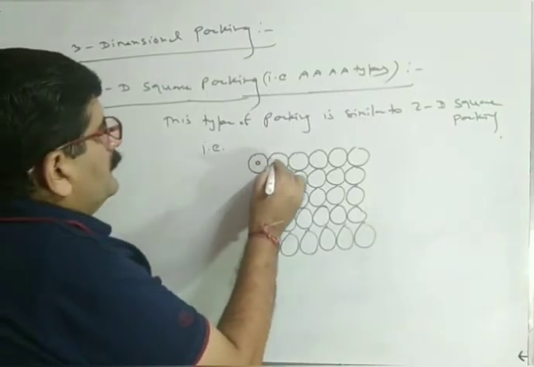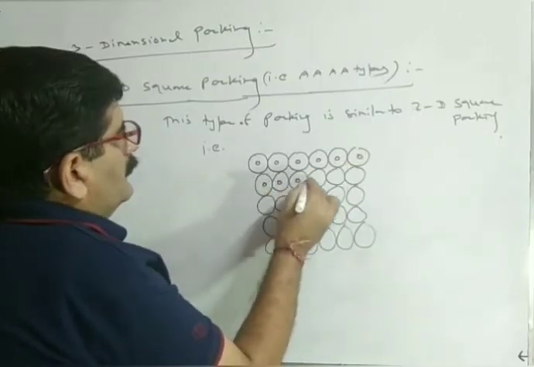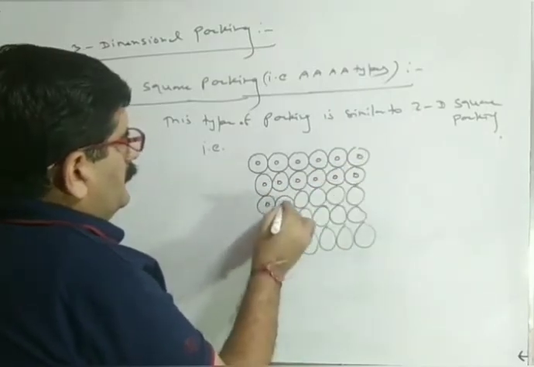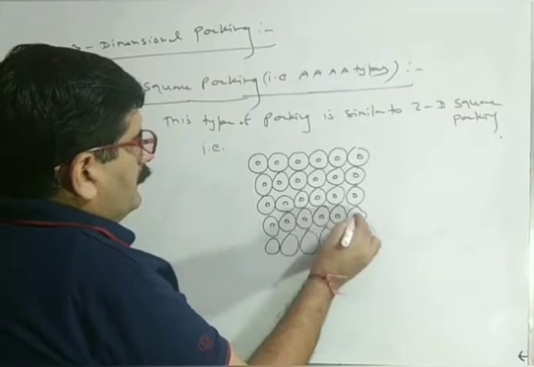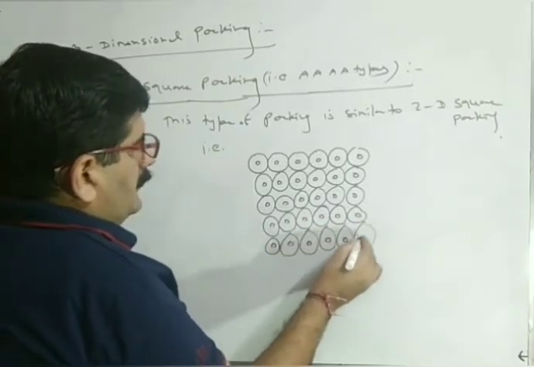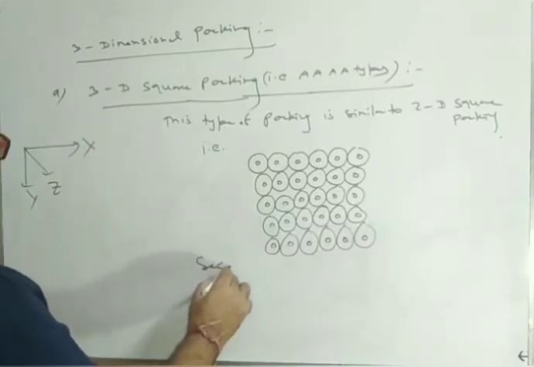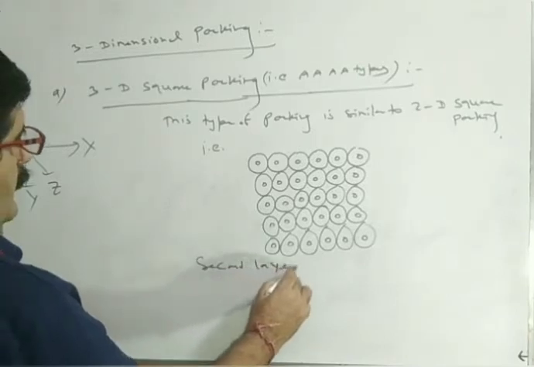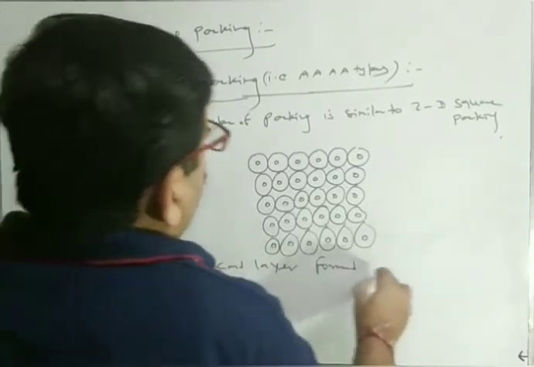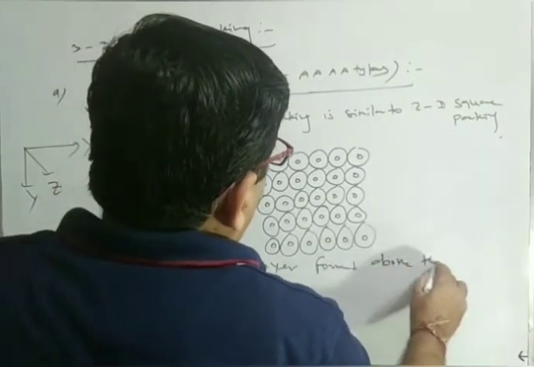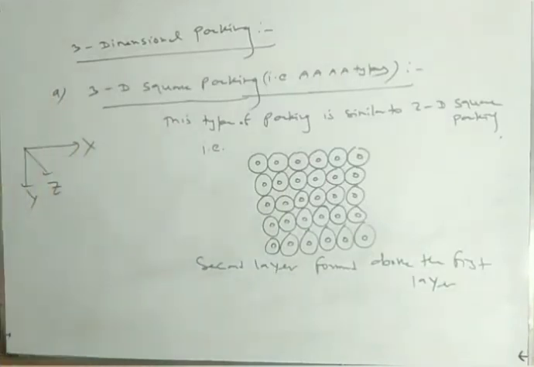Suppose after the first layer, if we want to prepare a new layer above the first layer, like this, that is, a second layer formed above the first layer and similar to the first layer.